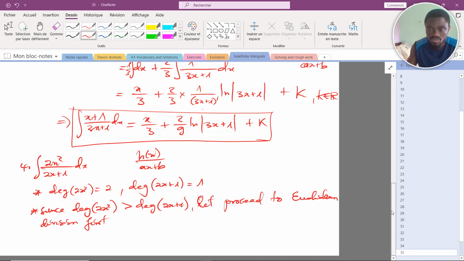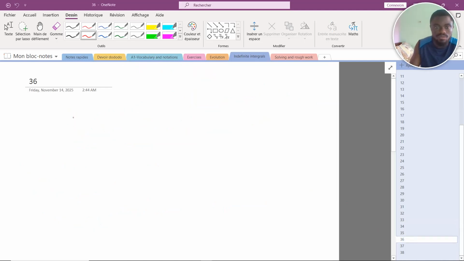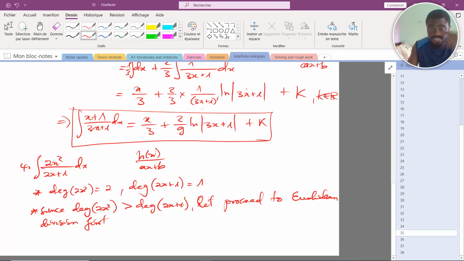Okay, we shall do our Euclidean division. So we are to divide 2x squared by 2x. So let me draw it. I have 2x squared here, and I have 2x+1.